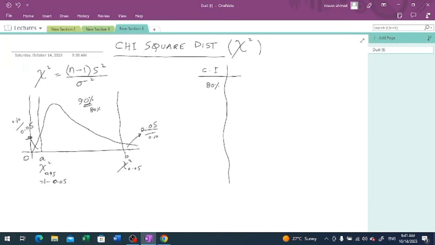And these two bounds we can indicate as the lower bound chi-square 0.90 and chi-square 0.10. If you go for 90%, as I have shown here, the lower bound will indicate chi-square with 0.95 and the upper bound will contain the area above this borderline as 0.05, so it should be stated as chi-square 0.05.